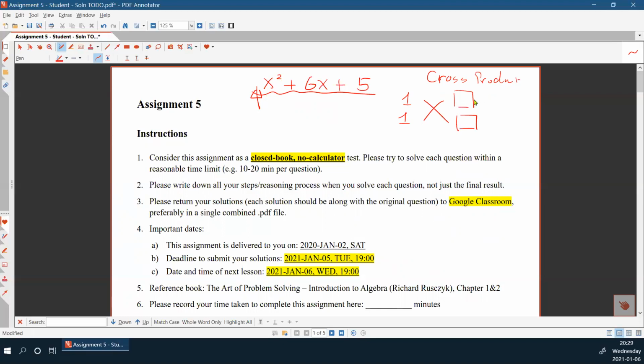What are the properties of these two numbers? The product of these two numbers should be 5, right? So it can be 1 by 5 or -1 by -5, right? So let's try to guess these two numbers. If I put 1 here, 5 here, and then by cross product, 1 times 5 plus 1 by 1 is 6, right?